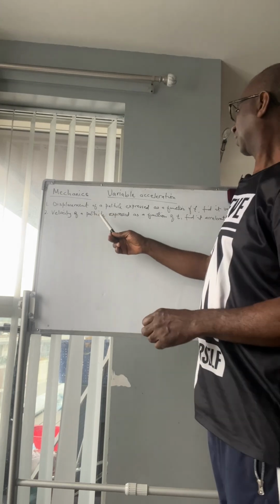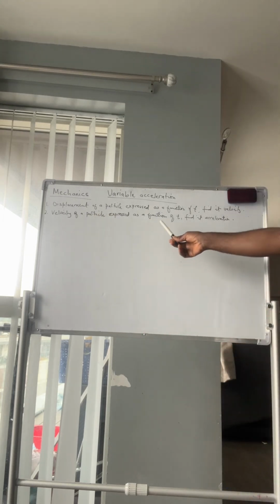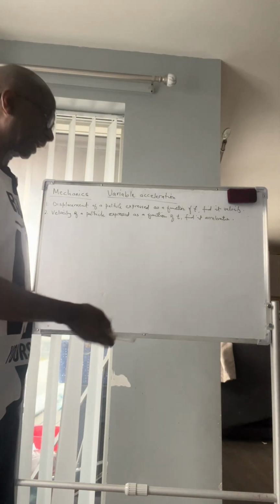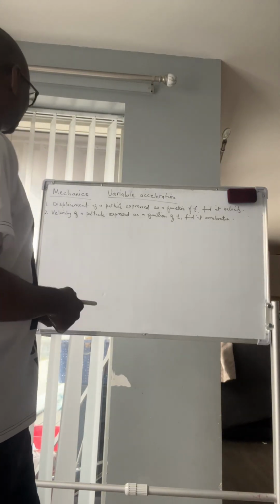Likewise, if the velocity of a particle is expressed as a function of time, that you are given an equation in which the unknown is t, time, then its acceleration is the rate of change of velocity. What does this mean to us?